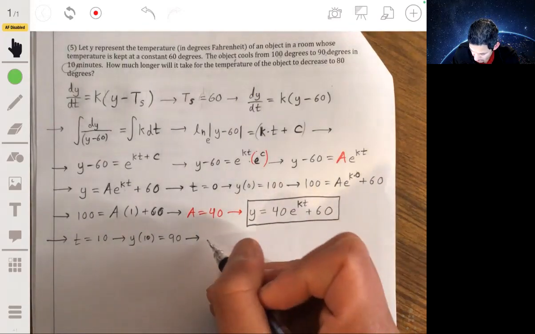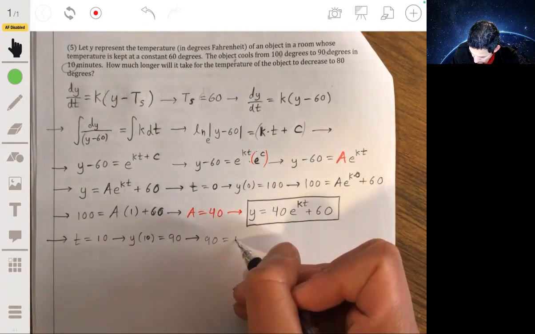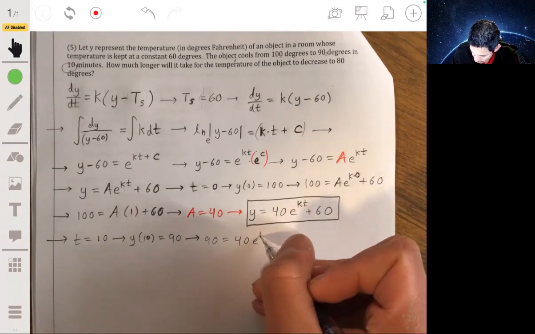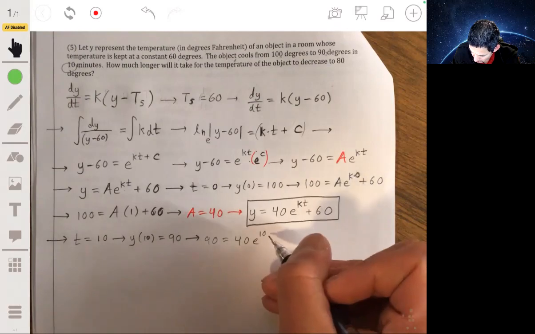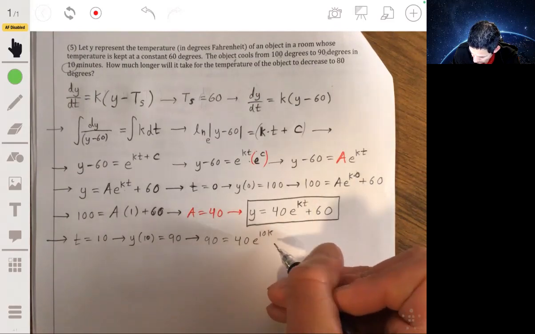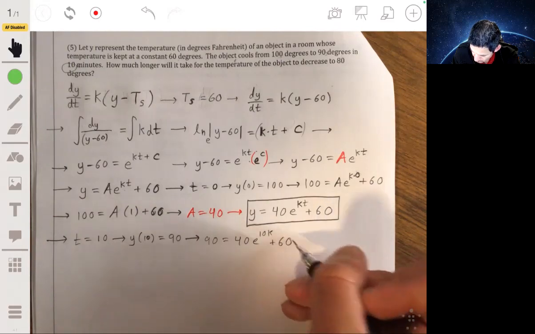So we can set 90 equal to 40e to the k times 10, but I'll just write it as 10k plus 60.